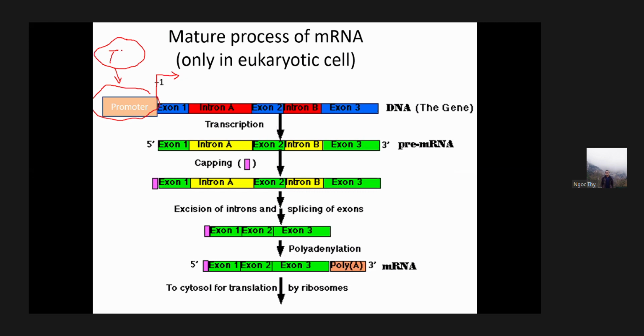It slides until it reaches the position +1, the transcription starting site. But different from the prokaryotic cell, the eukaryotic cell has a region called the intron.